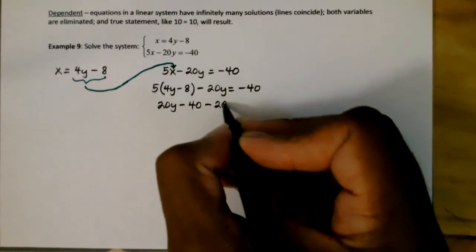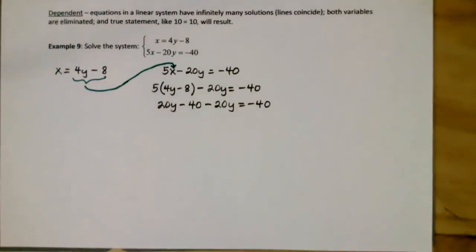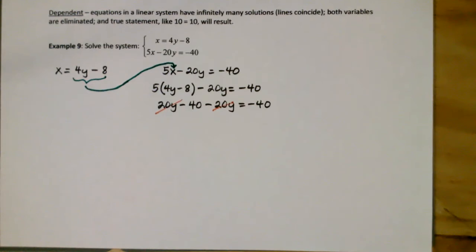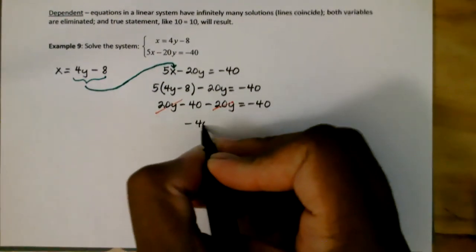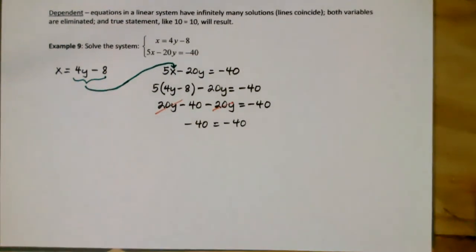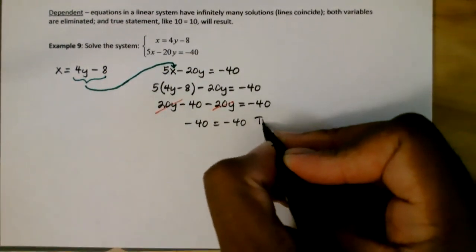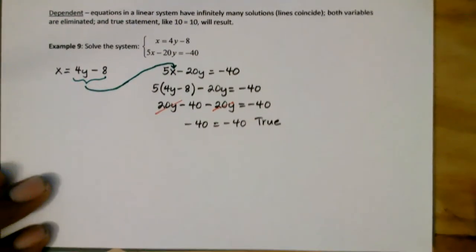Then minus 20y equals negative 40. Now, when I combine like terms, here the 20y and minus 20y, they are gone. So now I'm left with negative 40. And that's going to be equal to negative 40. Notice I came up with a true statement because negative 40 does equal negative 40.